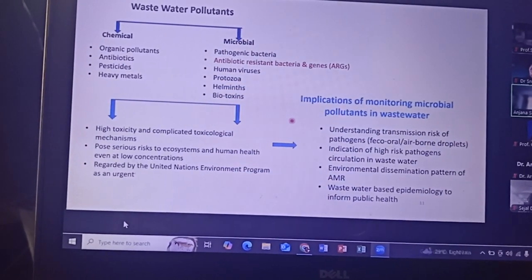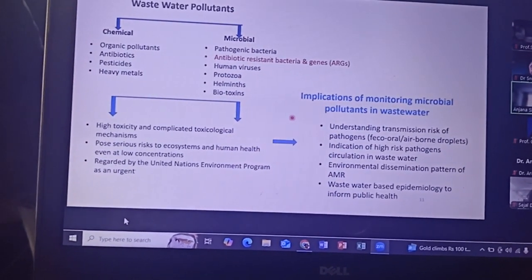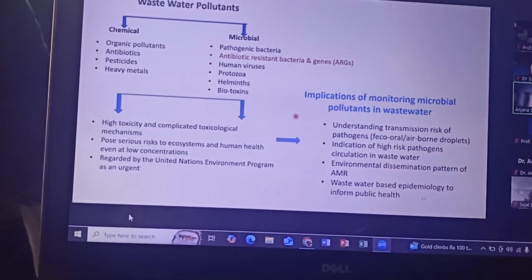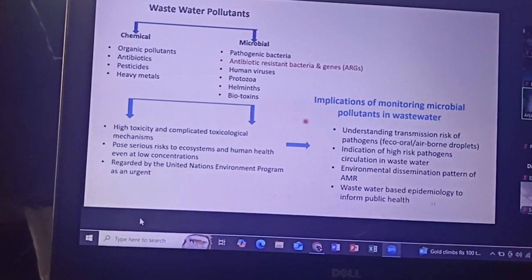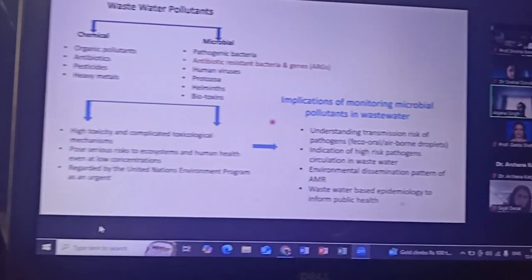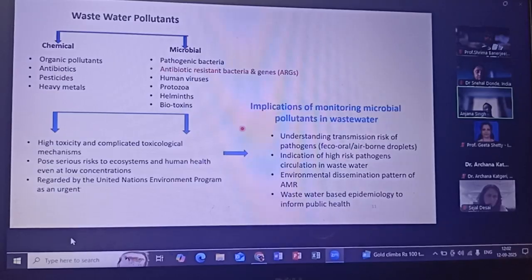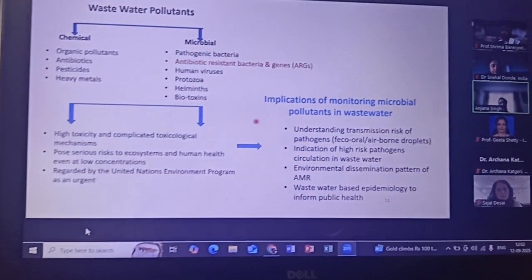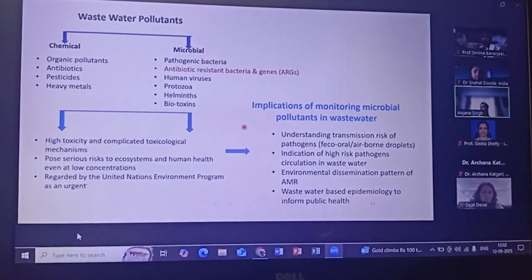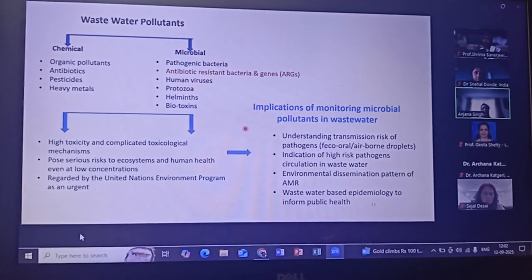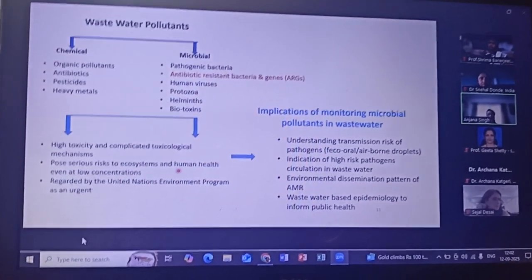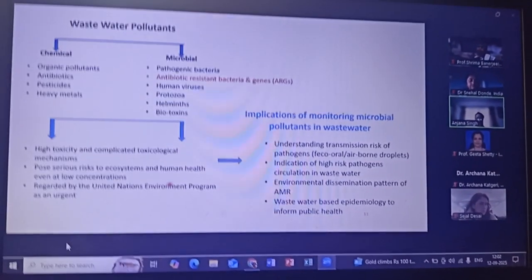When we talk about chemicals, they are mostly organic pollutants, antibiotics, pesticides, heavy metals from human recreation that comes to the river water. Microbial pollution gives rise to high toxicity and complicated toxicological mechanisms and can pose serious risk to ecosystems and human health even at low concentrations.